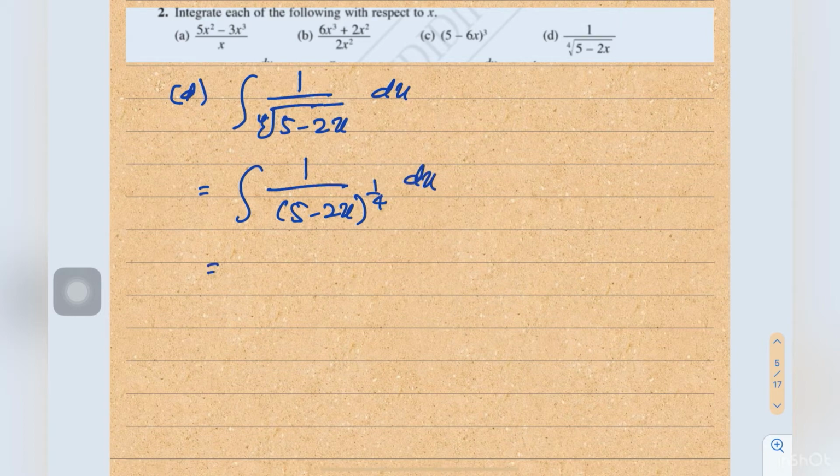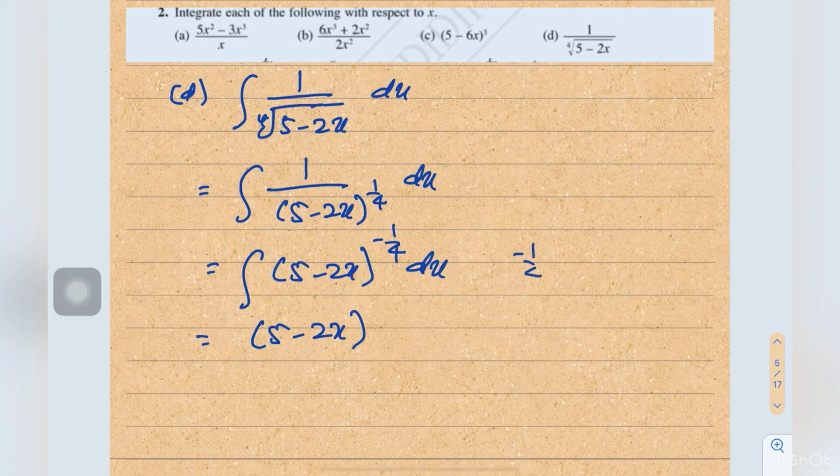Then we move up, it becomes 5 minus 2x power of negative 1 over 4 dx. Then we start to integrate. 5 minus 2x power of, negative 1 over 4 plus 1 is 3 over 4. So power of 3 over 4 over 3 over 4. Don't forget to times the differentiated function in the bracket, which is negative 2.